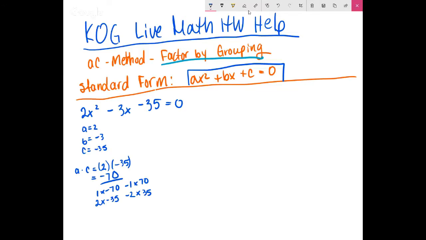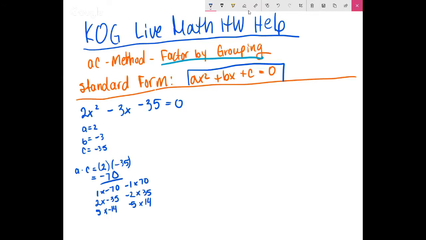70 divided by 4, you get a decimal. 70 divided by 5, you get 14. So this is going to be 5 times -14 and -5 times +14. Okay, and then one more. 6 doesn't work. 6 gives you a decimal.